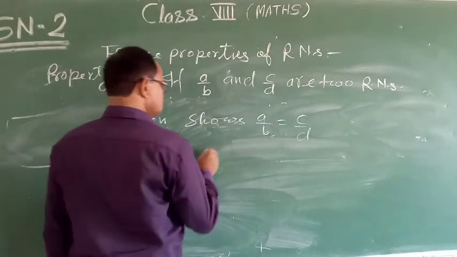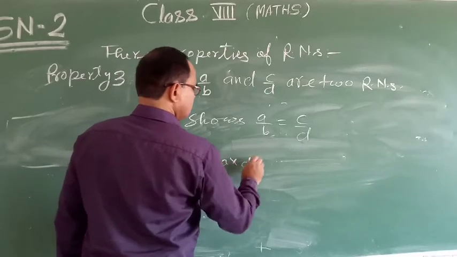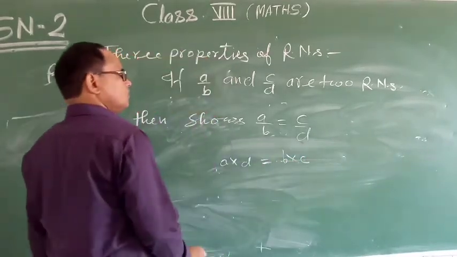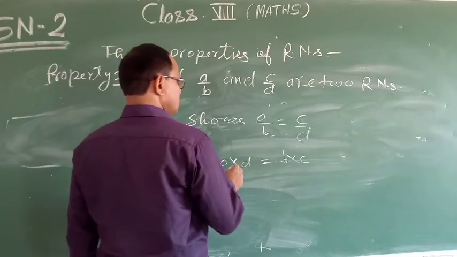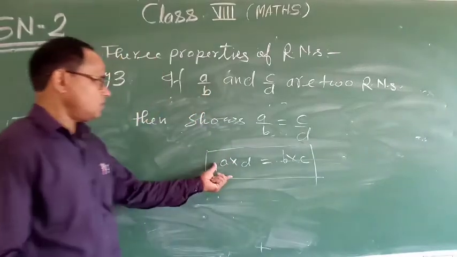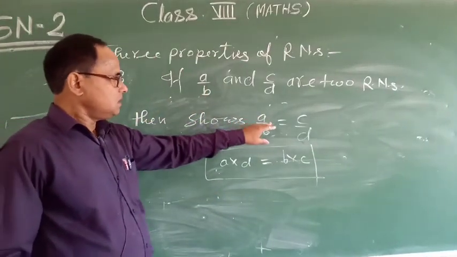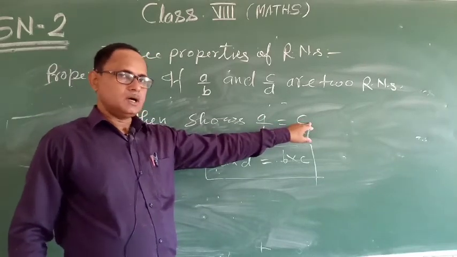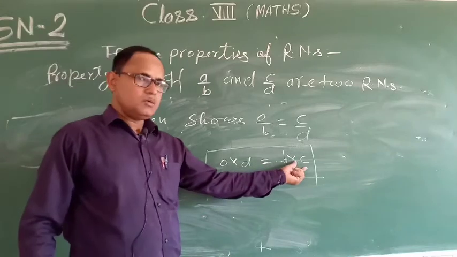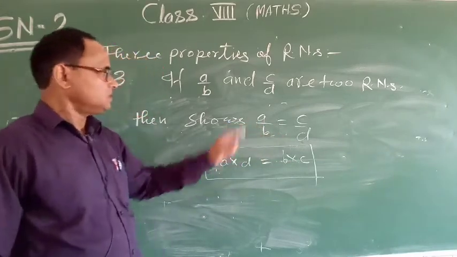In this case, multiply A into D, which must equal B into C. Okay? If this rule is followed, the rational numbers are equivalent to each other. If this rule is not followed, then those rational numbers are not equal to each other.